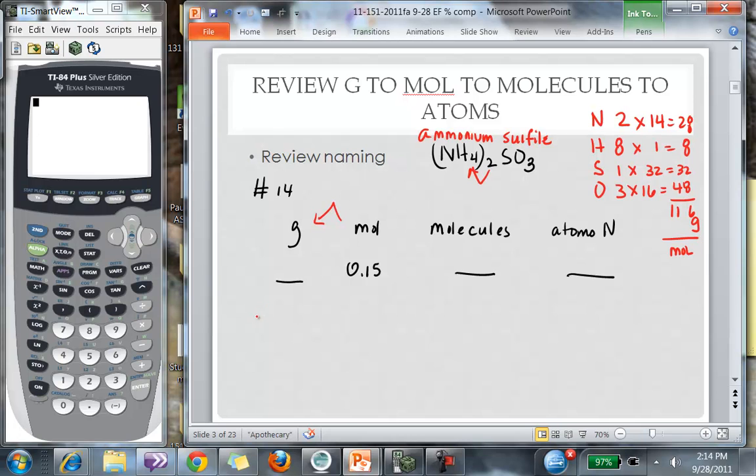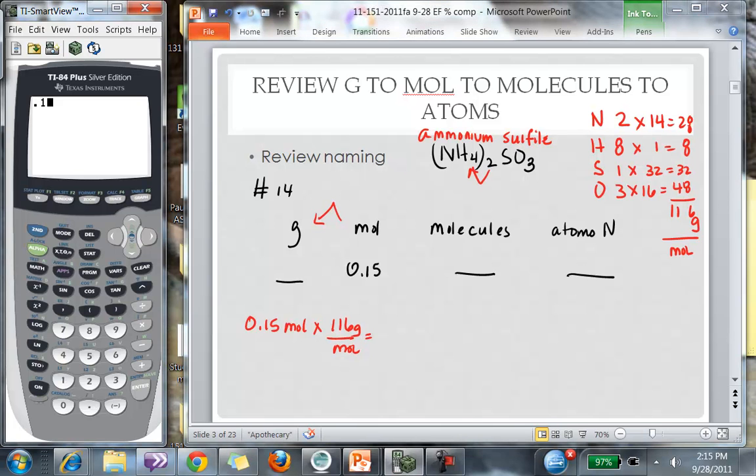So, the first problem would be 0.15 moles times 116 grams per mole, and that's going to be equal to, here's my calculator, 0.15 times 116, enter, and that is 17.4 grams. The moles canceled out.